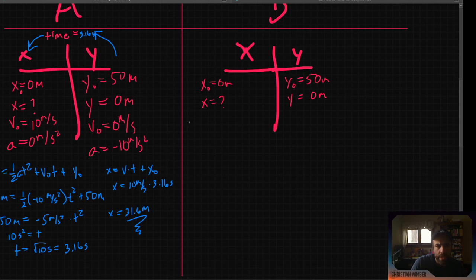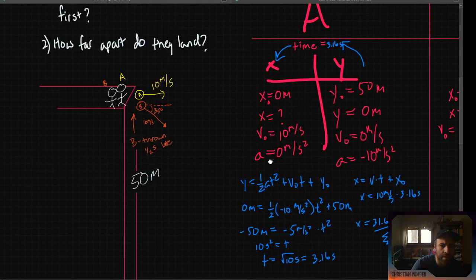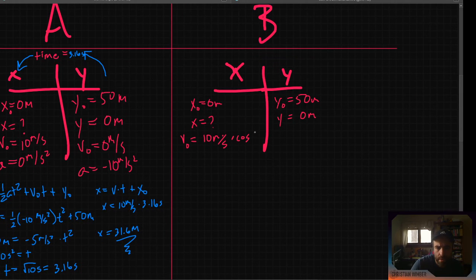Now, the initial velocity is where things change, because here the initial velocity will be 10 meters per second times the cosine of 35 degrees, whereas here, the velocity will be 10 meters per second times the sine of 35.